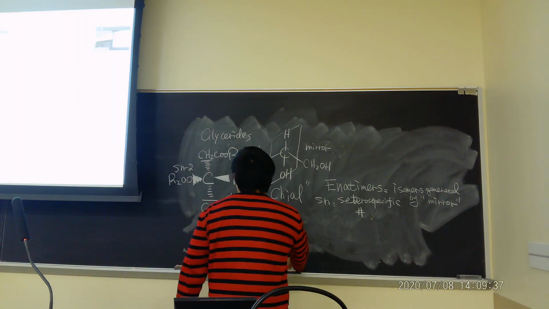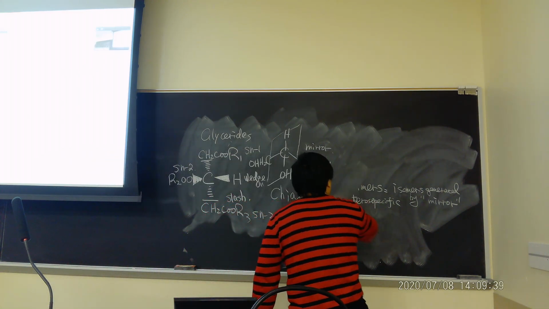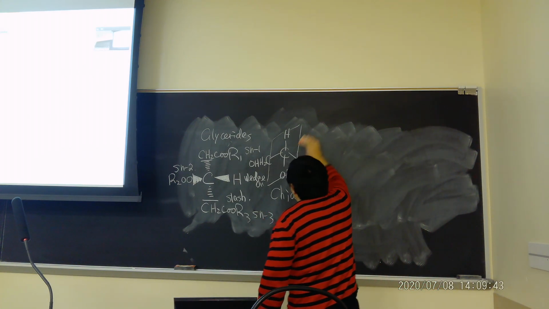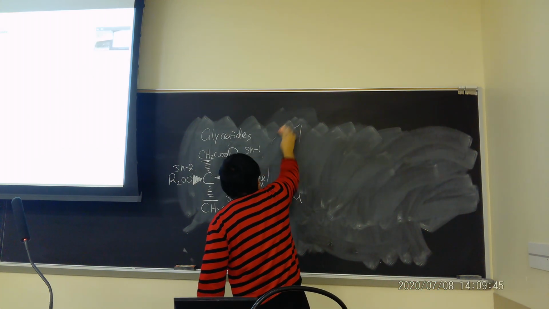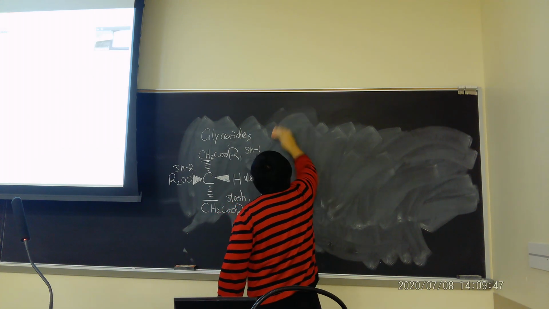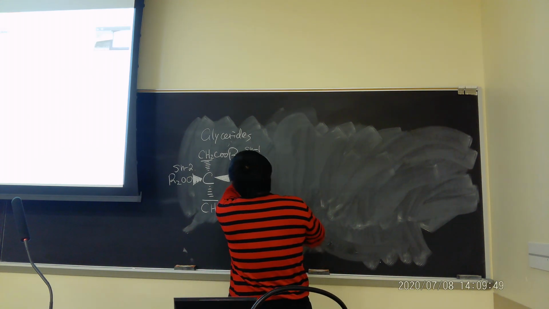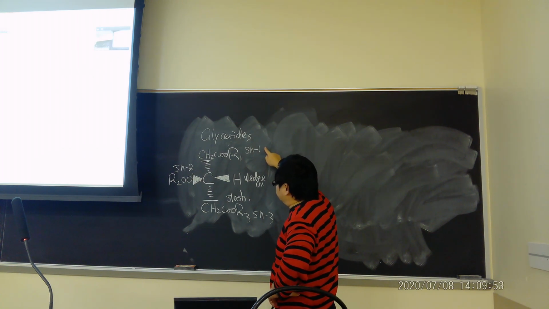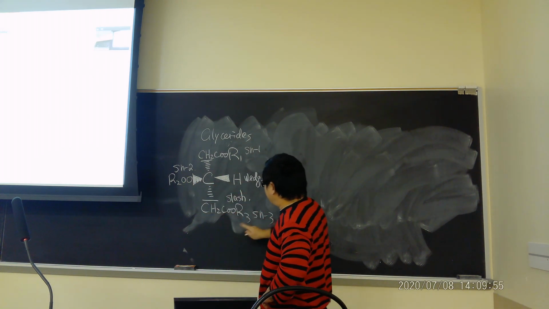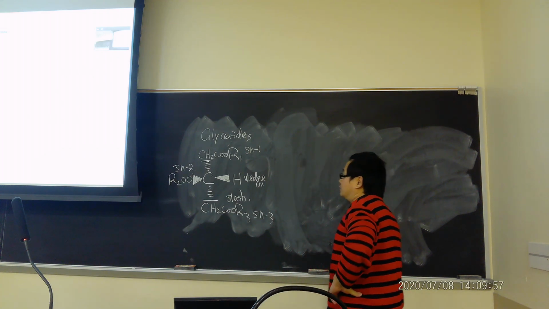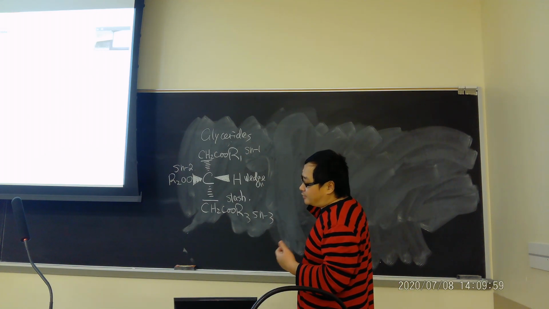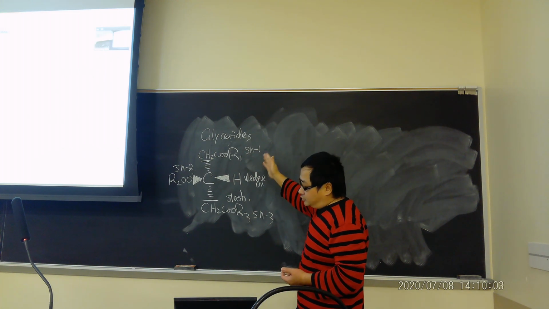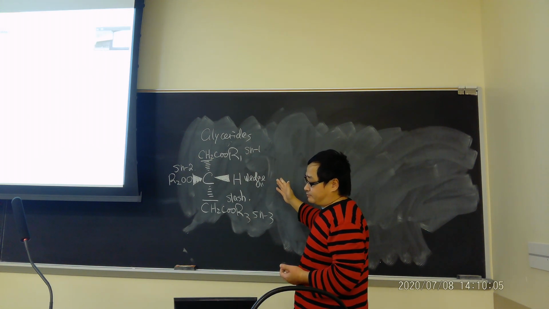Okay, so let's talk about this. We move this one out. We have stereo specific number positions 1, 2, and 3. What type of fatty acid is going to attach to it? It could be saturated, it could be unsaturated.